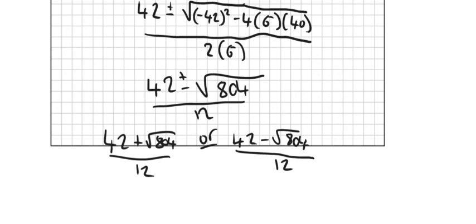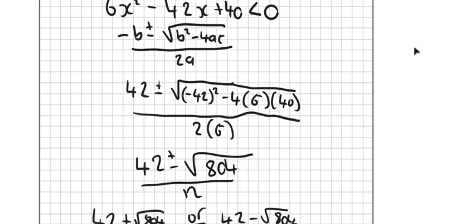So the plus option is 5.86 and the negative is 1.13. Sorry, it'll actually be 1.14 when you round it off. So these are just two values you've gotten then.